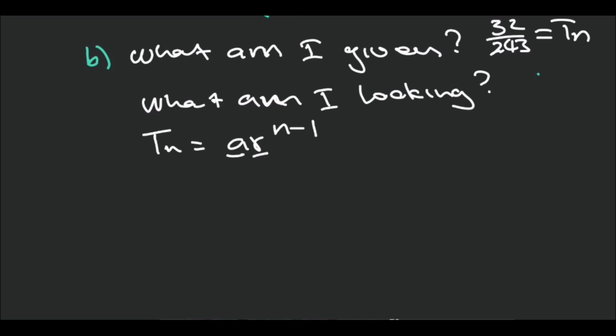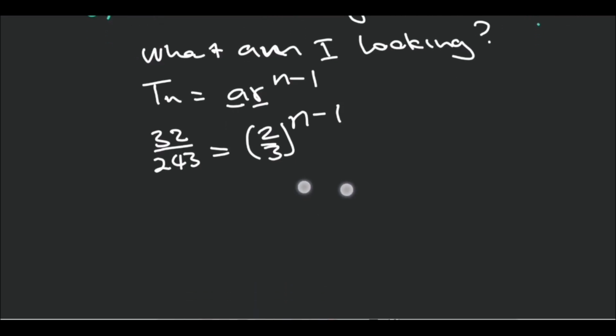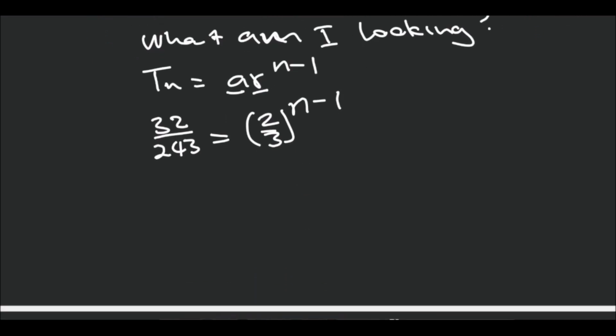Let's plug into our equation: 32 over 243 is equal to A, which is 1, so it's unnecessary to write it, times R, which is 2 over 3, raised to n minus 1. All right, so what's next now?